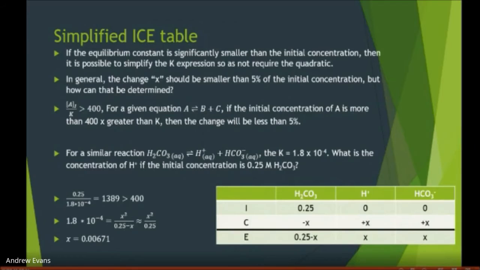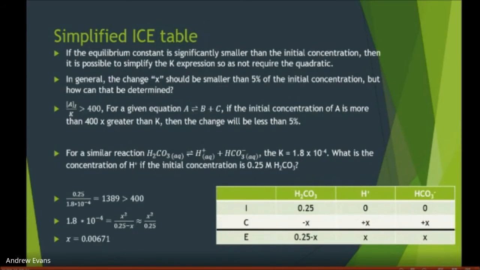If we do this instead with this carbonic acid with a smaller K value, instead of 347, we get 1389, which is much, much greater than 400.